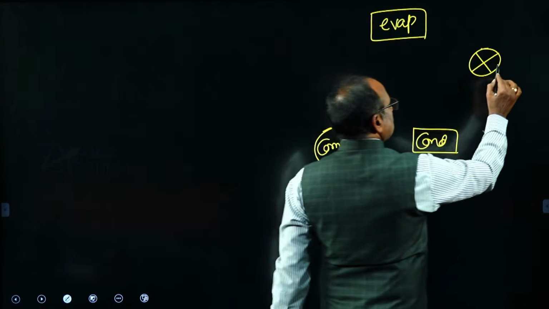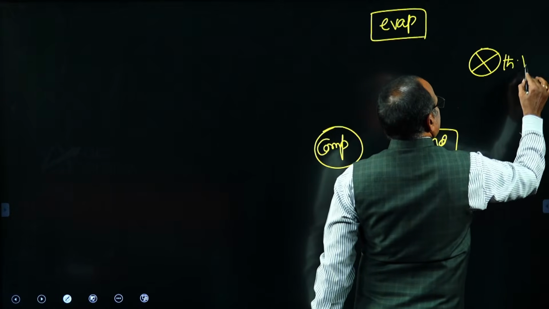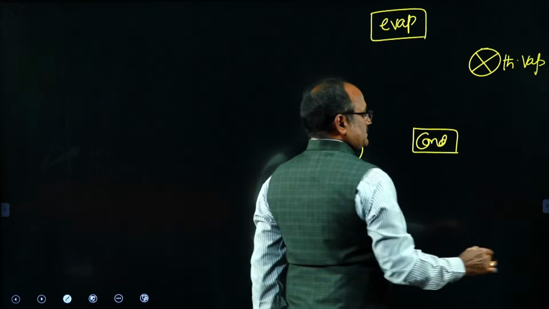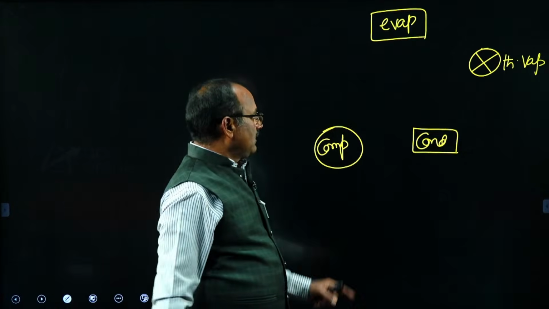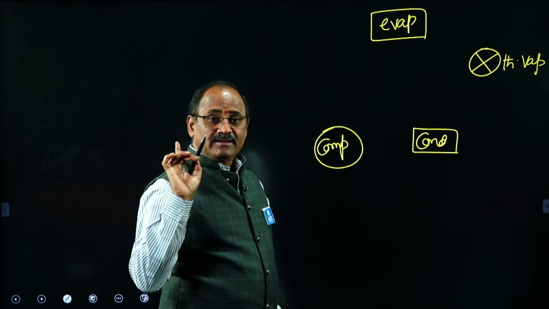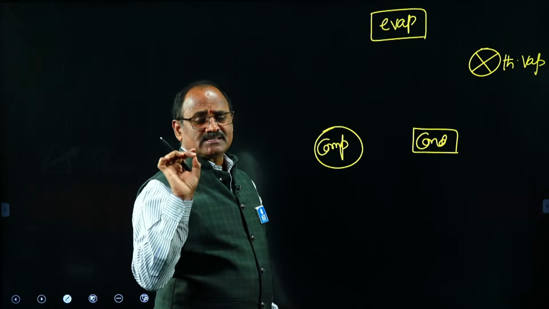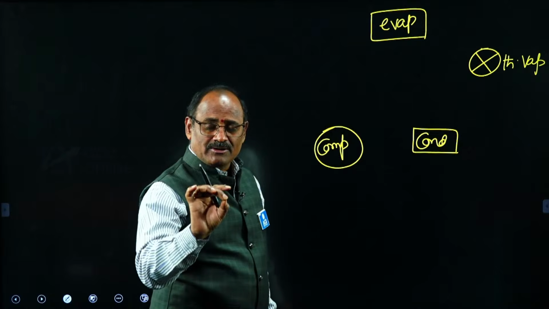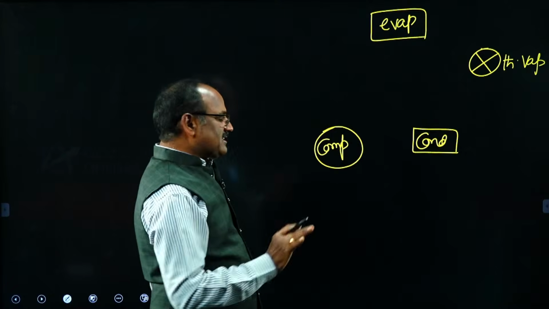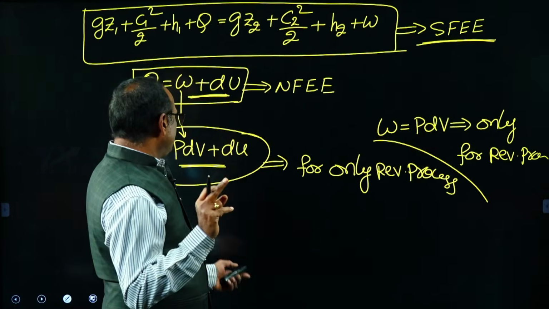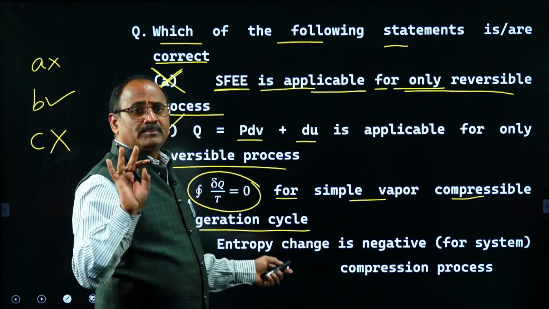But the process with the throttling device is irreversible. Since one of the processes for the vapor compression refrigeration cycle is irreversible, therefore the vapor compression refrigeration cycle comes under an irreversible cycle. For an irreversible cycle, cyclic integral del Q by T is not equal to 0, meaning less than 0.